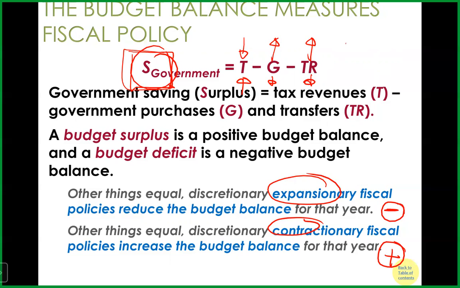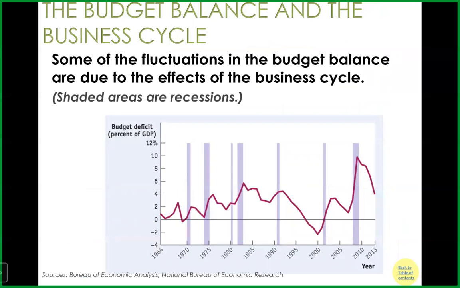All right. This is the budget of the United States since 1964. What do we learn from here? Oh, by the way, this is just the budget deficit. Positive means the government is actually running a deficit. Throughout our history, it's only during the Clinton administration that we ran a surplus.